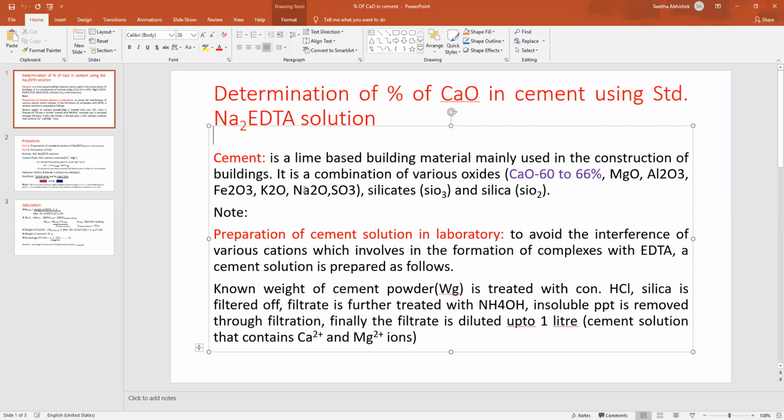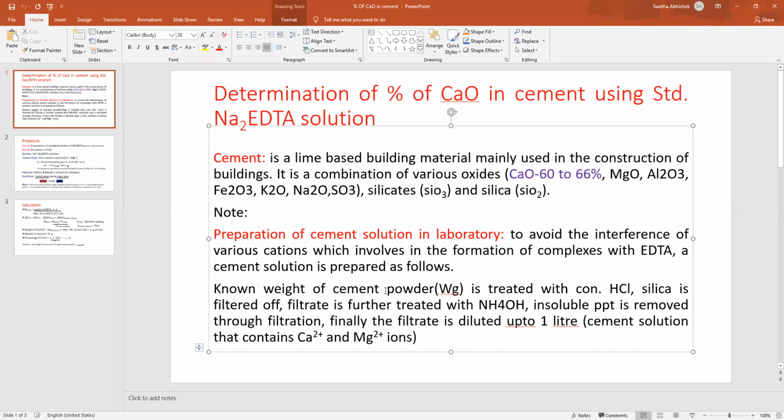So EDTA can readily form complexes with all these cations, which may not allow you to estimate only calcium oxide. Therefore, in a pre-treatment process, a cement solution is prepared and some of the constituents are removed, which may otherwise be involved in the complex formation. So how is the cement solution prepared?